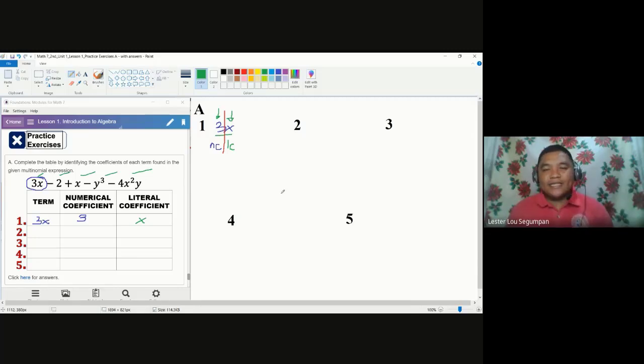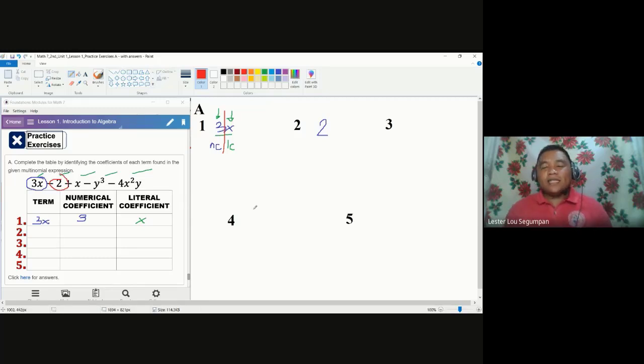Now let's proceed to the second term. Before we determine the numerical and literal coefficients of the second term, we need to determine what really is our second term. Some of you might say the second term, sir, is 2. Okay, because this is what is found here.